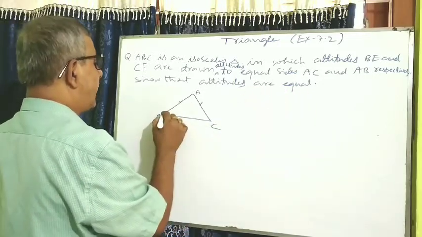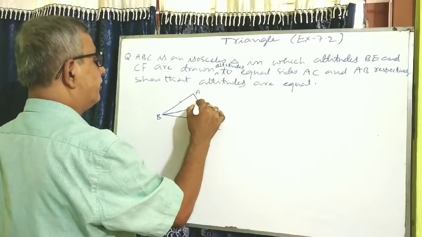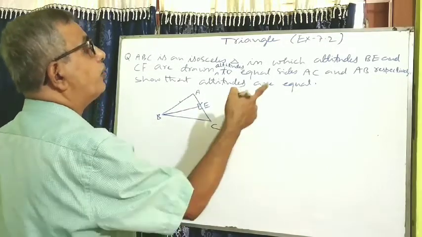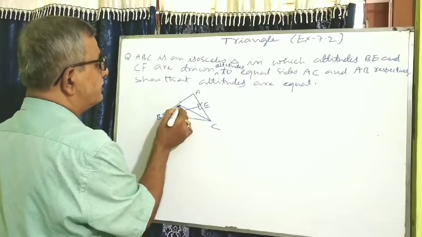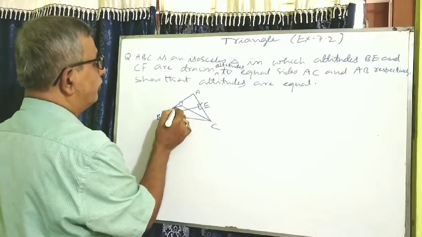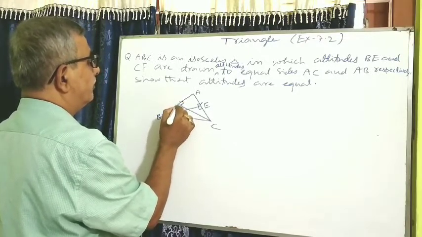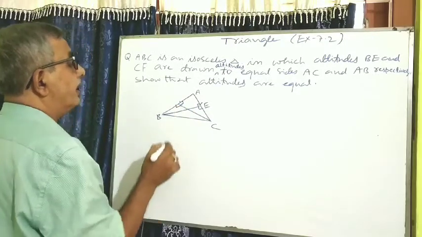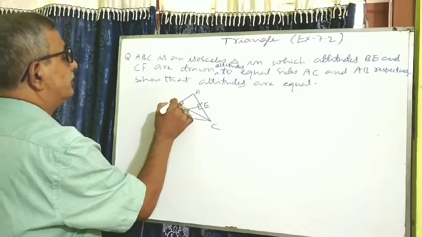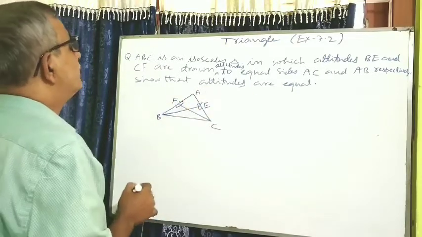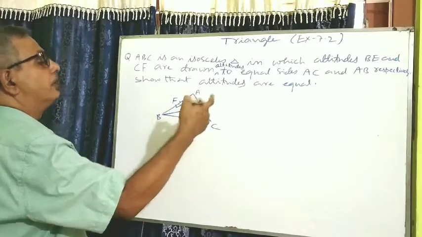So what am I doing here? Here the altitude BE is perpendicular to AC, and CF is perpendicular to AB. Now these two are altitudes. What is to be proved? You have to prove BE is equal to CF.